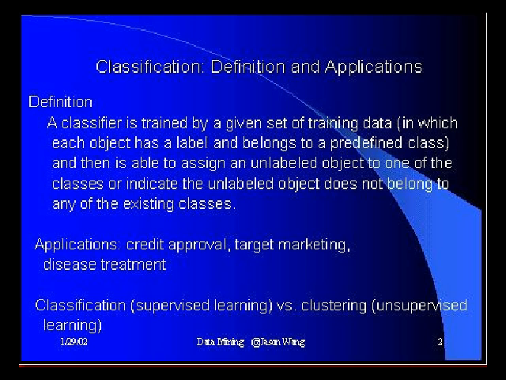Target marketing is another application. Disease treatment. I have already explained to you how bioinformatics companies or drug companies discover drugs by using the classification algorithms. What they do is they classify existing proteins into several families or classes or categories.